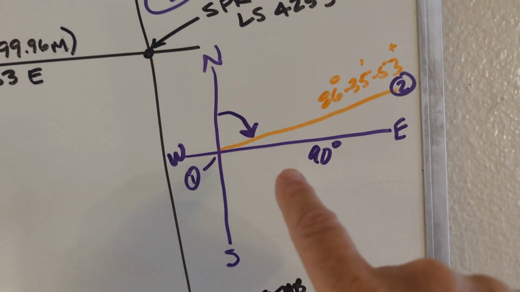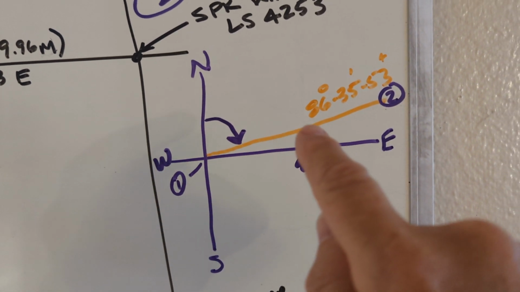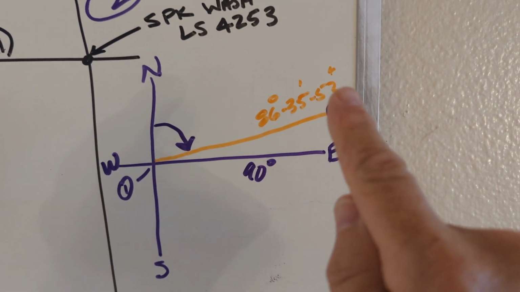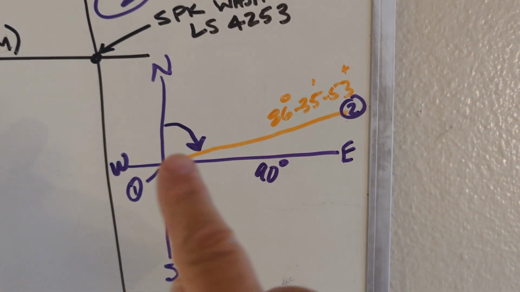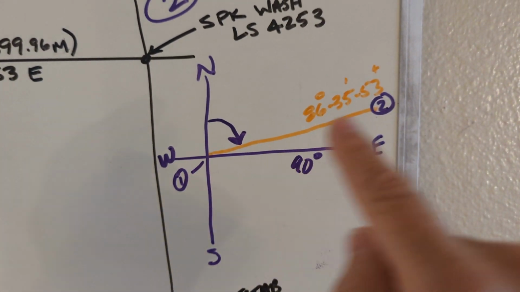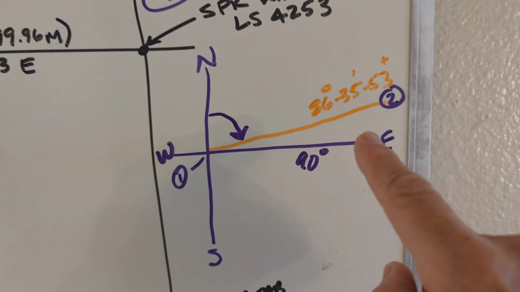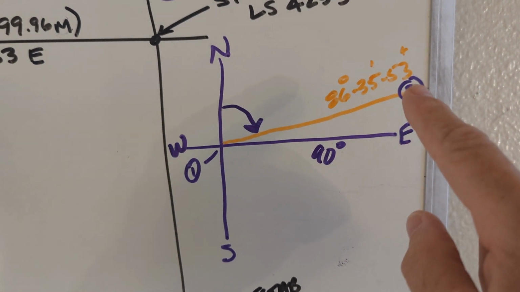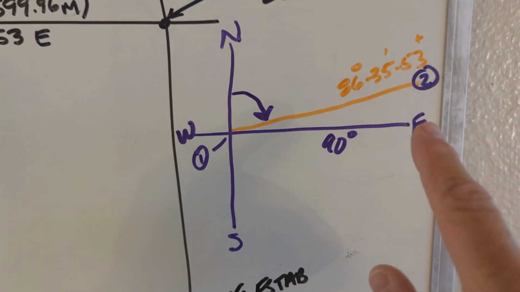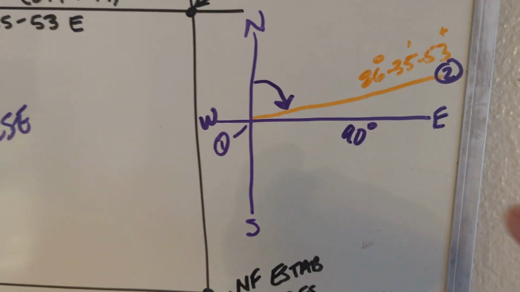And this is kind of an exaggerated way it looks like. So if this is your point 1, you're traveling along this bearing here, which means your northing would increase and your easting would increase. If you're starting from point 2 and going to point 1, this would then be a southwest bearing, which means you would go down in your northing and go down in your easting because you're heading southwest.